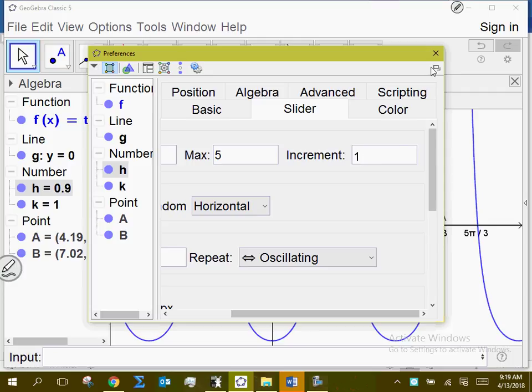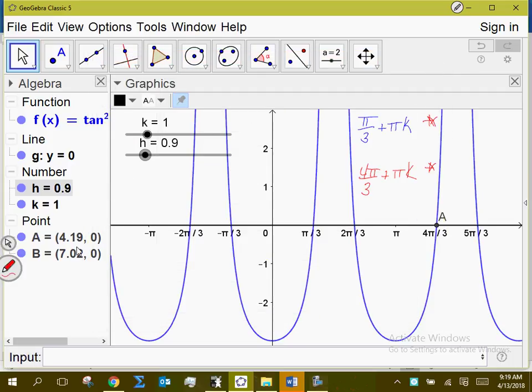So point B. You see A and B are on top of each other. When k is 1, it takes A and puts it at 4 pi over 3. When h is 0, so essentially when the multiplier here is 0, it gives me the same point that this one gave me when k was 1. Does that make sense?